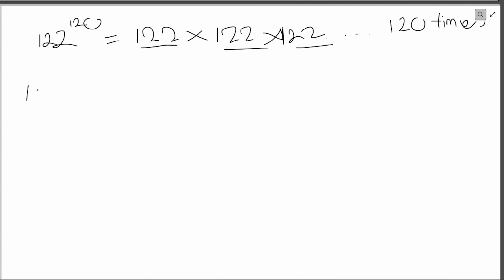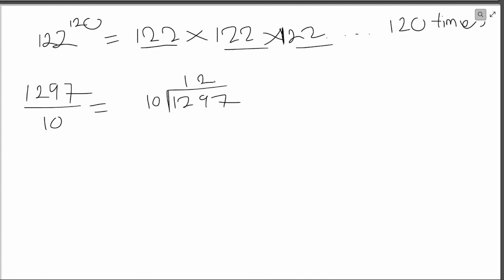We can divide that number by 10 and check what the remainder is. So if we have a number 1297, if you divide this number by 10 and check what the remainder is, you will get 7 as the remainder.